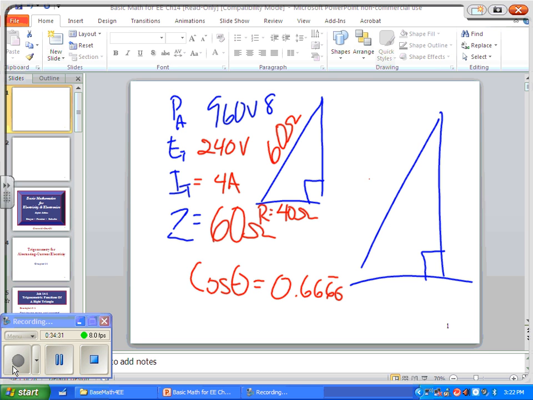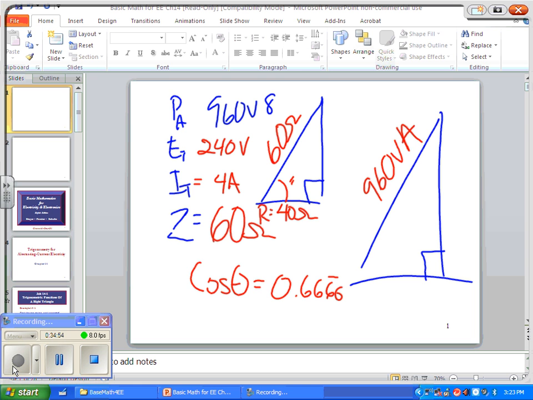So we're going to plug in 960 VA over here in our power triangle. And we've kind of resolved this. We know that this has what degrees? Second function cosine 0.6666 enter will tell us the angle, right?